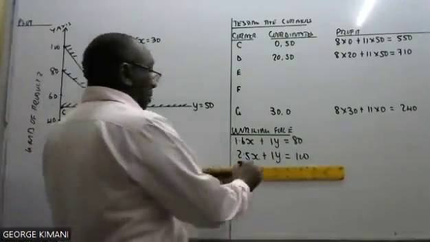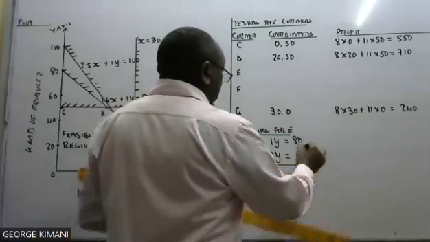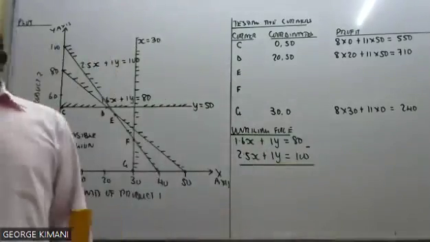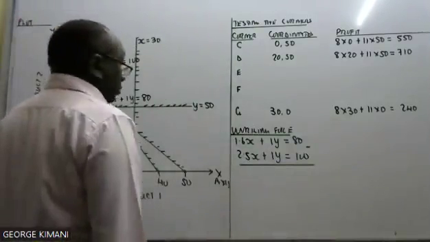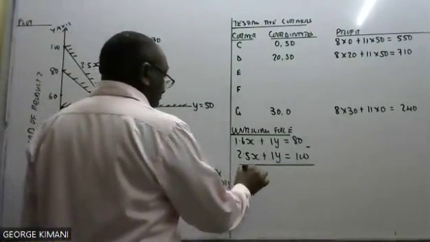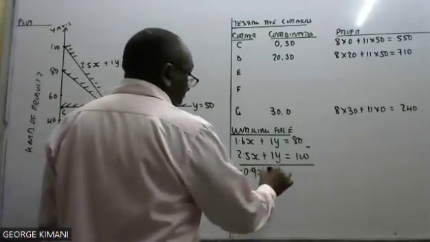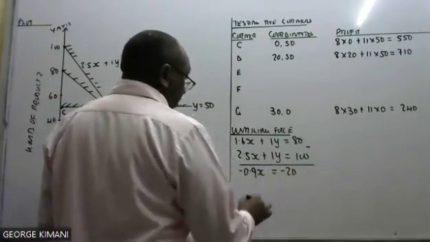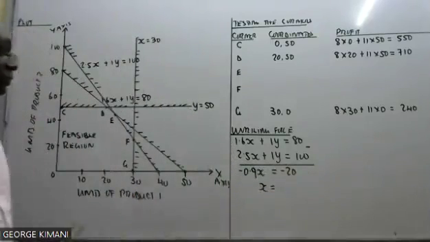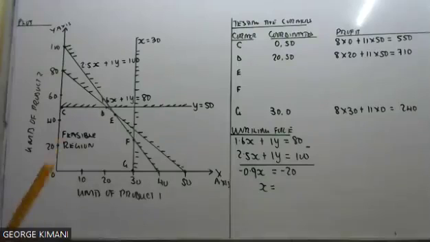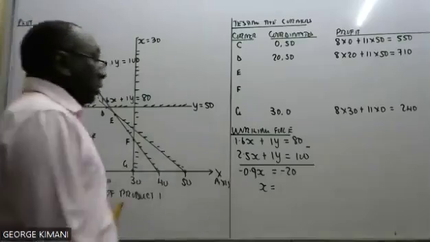So this one becomes very easy to solve because already y is inafanana. So when you subtract, hapa tumebakishiwa minus 0.9x is equal to minus 20. So tell me x should be what? It's 22.2.